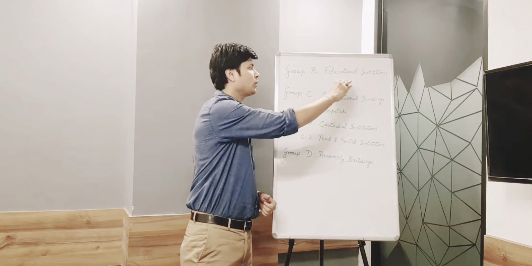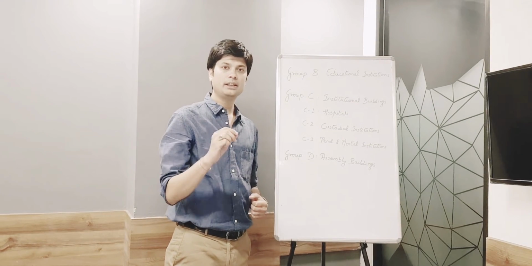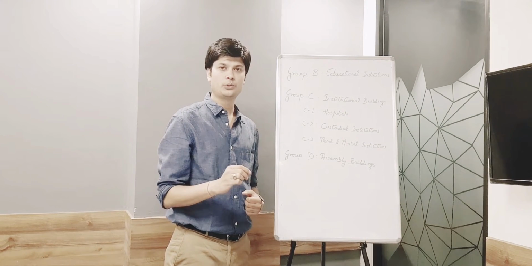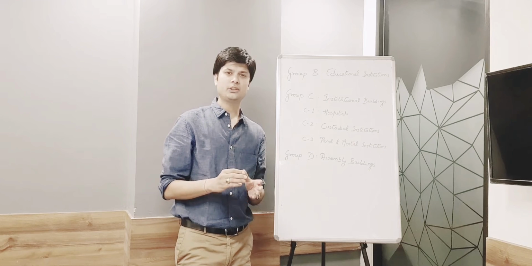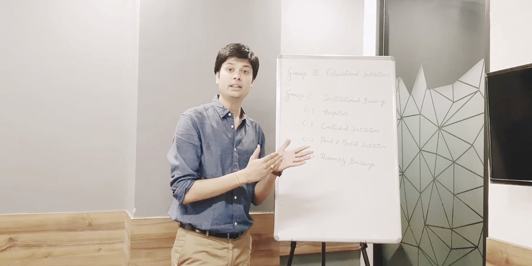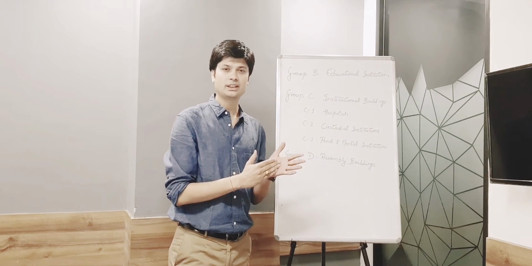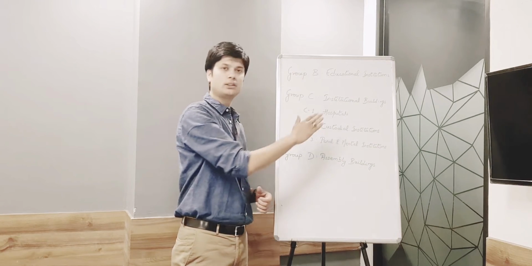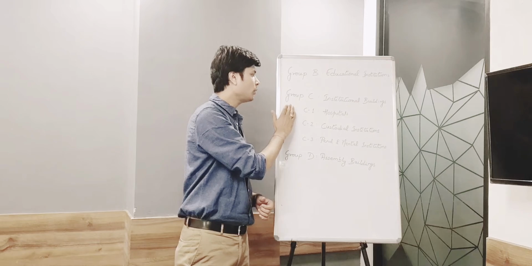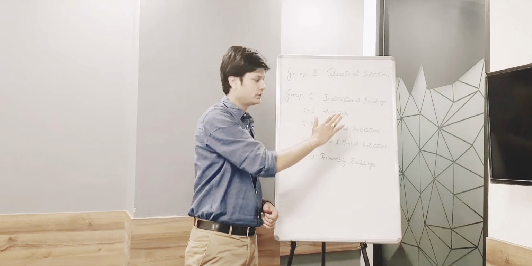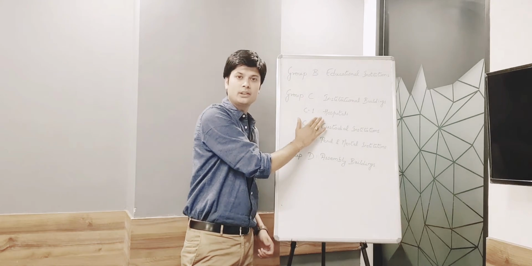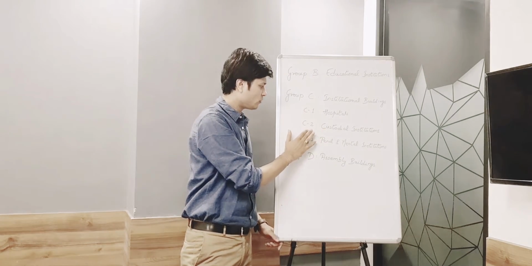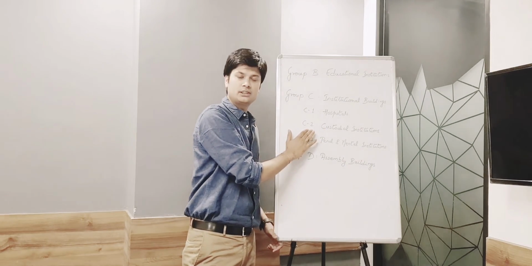If I talk about group B, it is educational institutions. Educational institutions are places like schools, colleges, coachings. These all come under group B. When I talk about group C, it represents institutional buildings. Institutional buildings are like hospitals, custodial institutions.